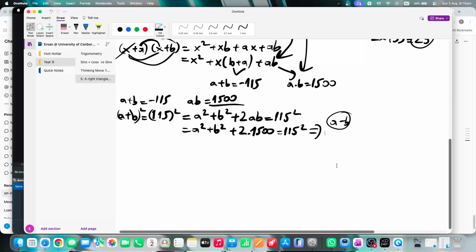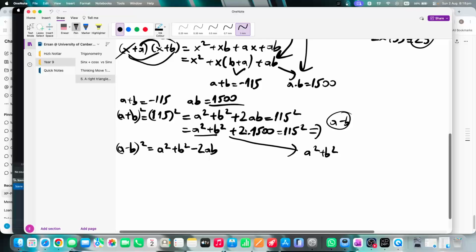Let's do it. Do you remember a minus b squared is a squared plus b squared minus 2 times ab? Now, do I have a squared plus b squared here? Yes, I do. I'm going to leave it alone on the left hand side, and this is going to be 115 squared minus 2 times 1500.